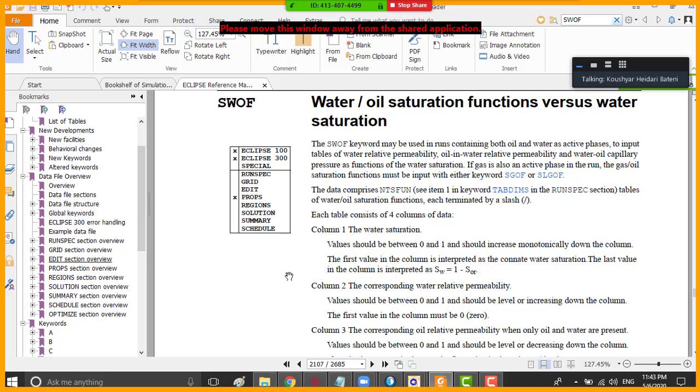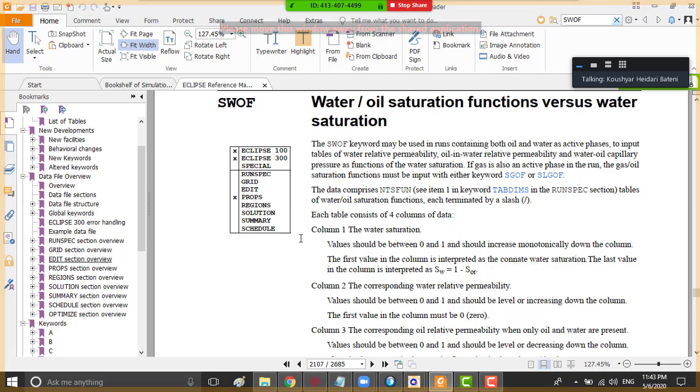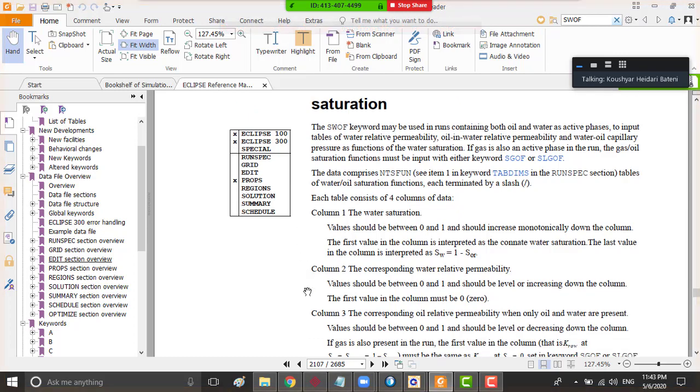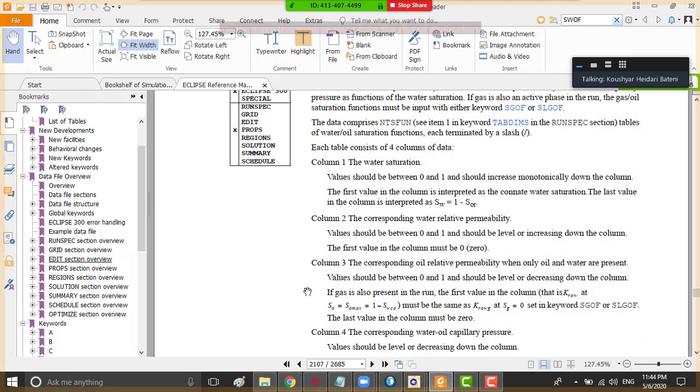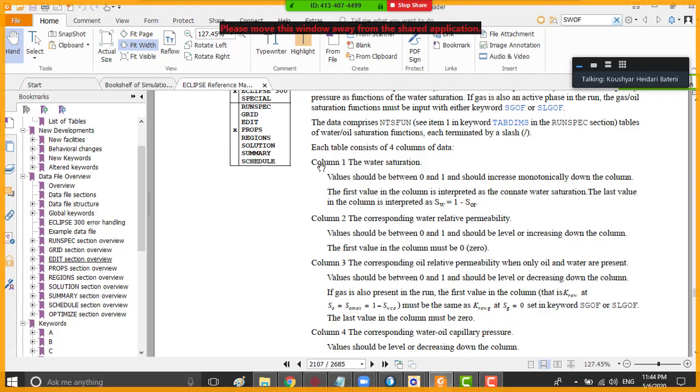Now, SWOF, in the description in the reference manual, it says water oil saturation functions versus water saturation, and you see here that it is dedicated to the PROPS section. And here are invaluable pieces of information that tell you everything that you need to know. It says the first column is the water saturations.